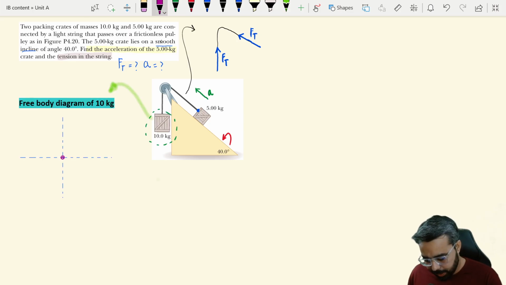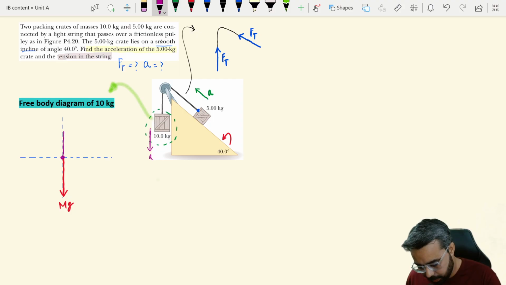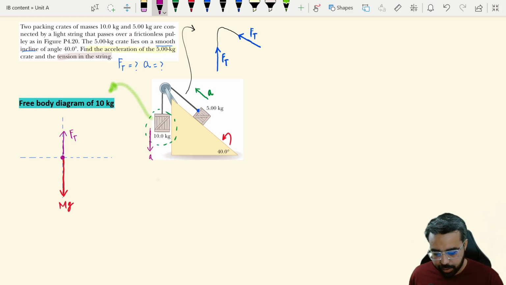So this is the 10 kg package, and as I told you, it's accelerating down, which means the downward force must be greater, which means its weight, let's call it capital Mg, must be larger than the upward force. I told you that this is the force of tension.